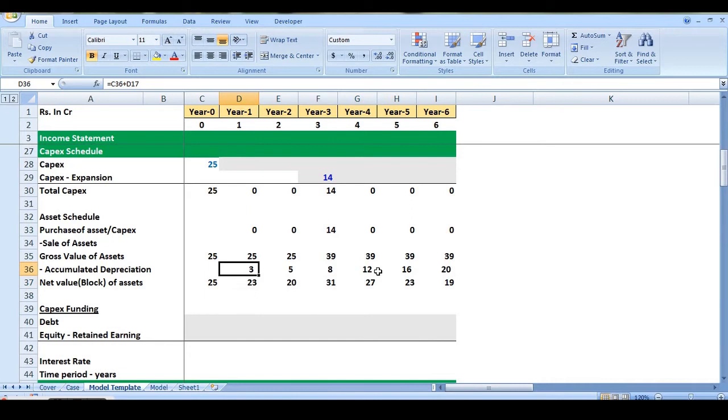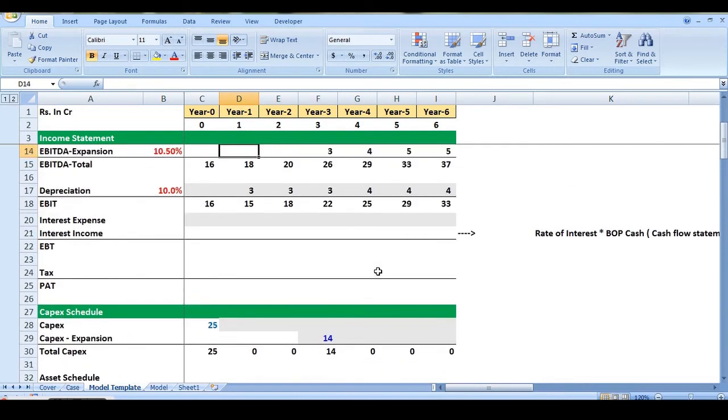Now we have finished one part of the calculation of depreciation, through which we have received EBIT. Now for completing the income statement, we need to calculate interest values to get EBT and then to calculate tax.